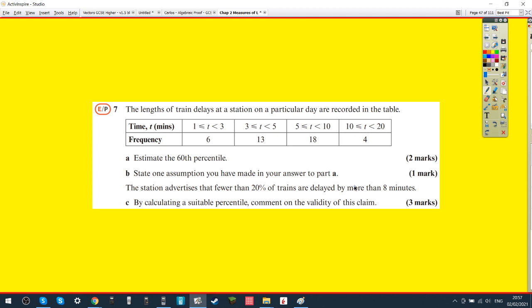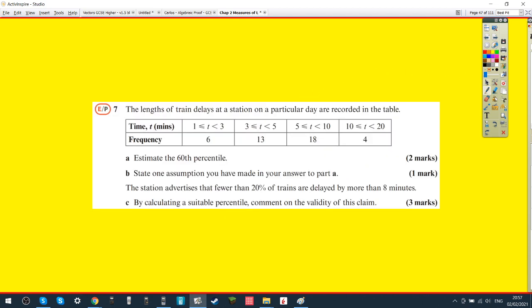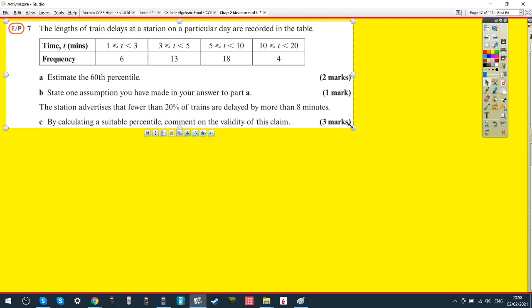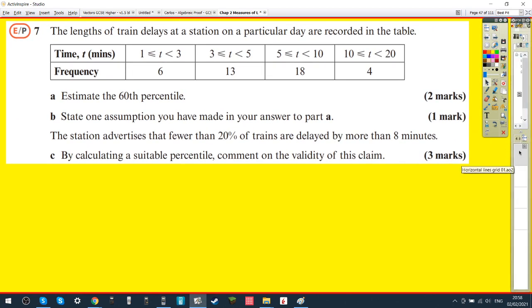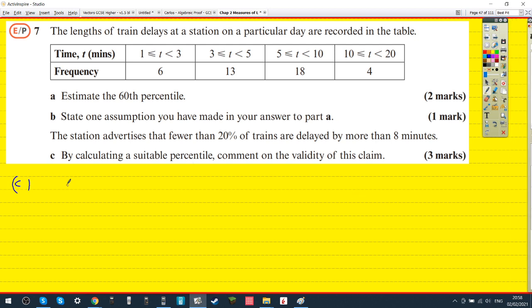When fewer than 20%. 8.83, so the 80th percentile is 8.83. And what is part C?